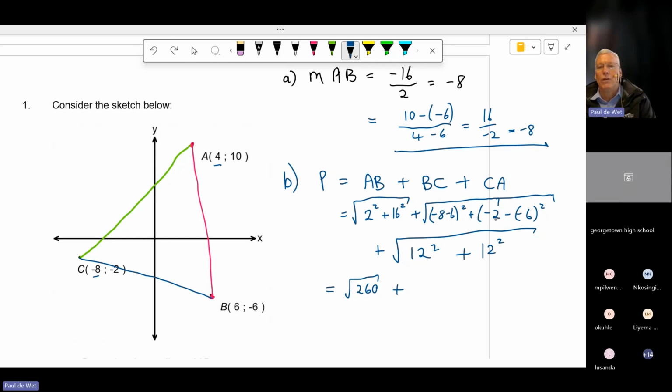There's a bracket missing, that's what's confusing me. -2 minus -6, so this is 4 squared, and this one is 14 squared.